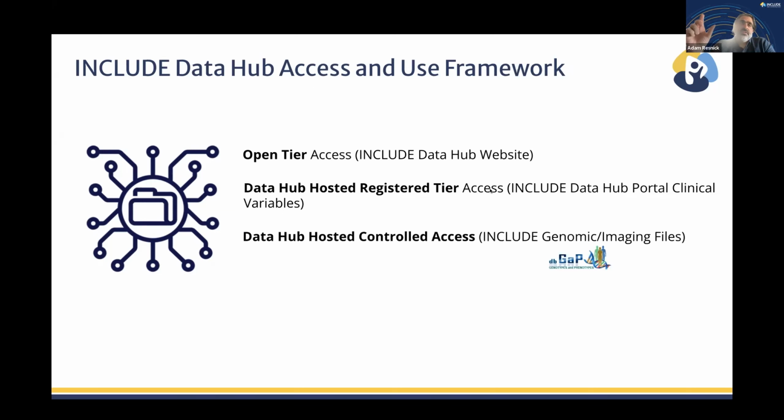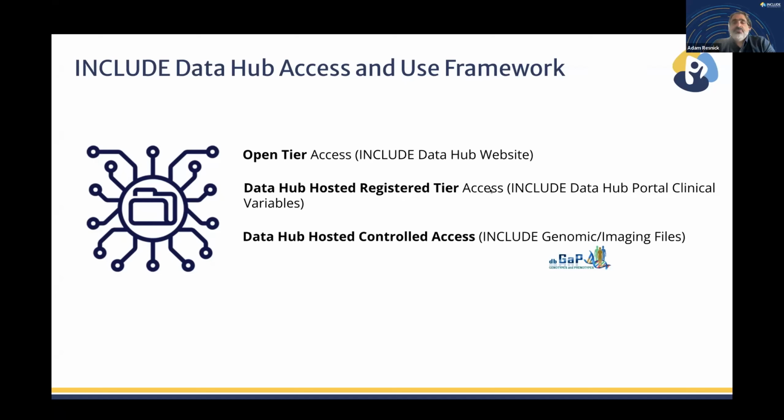In that registered tier framework, you'll be able to access a number of clinical and phenotypic variables that will allow you to create cohorts across biospecimens, participants, and data objects or files.